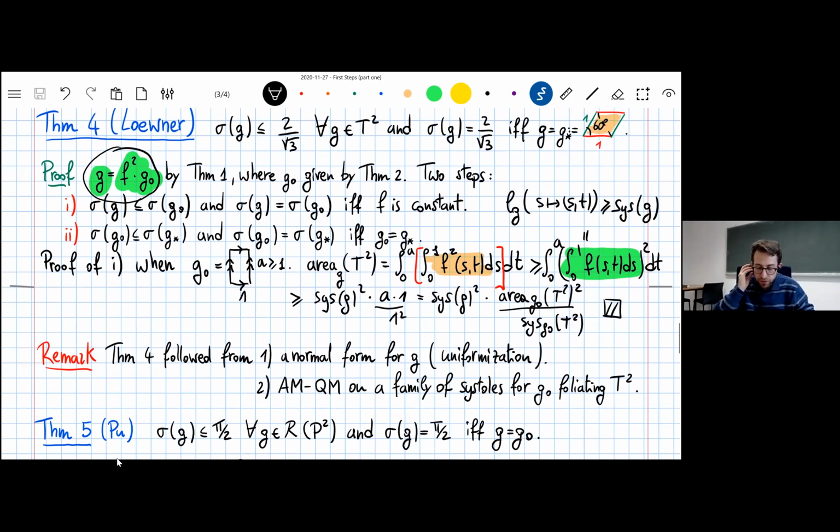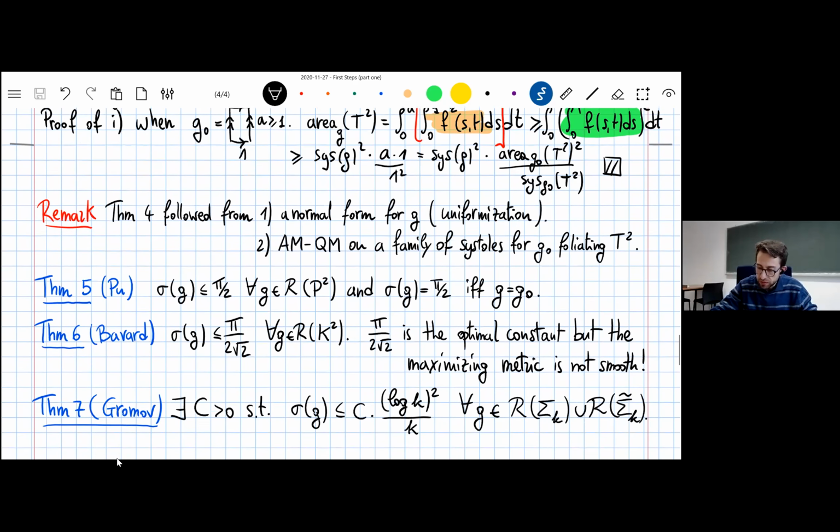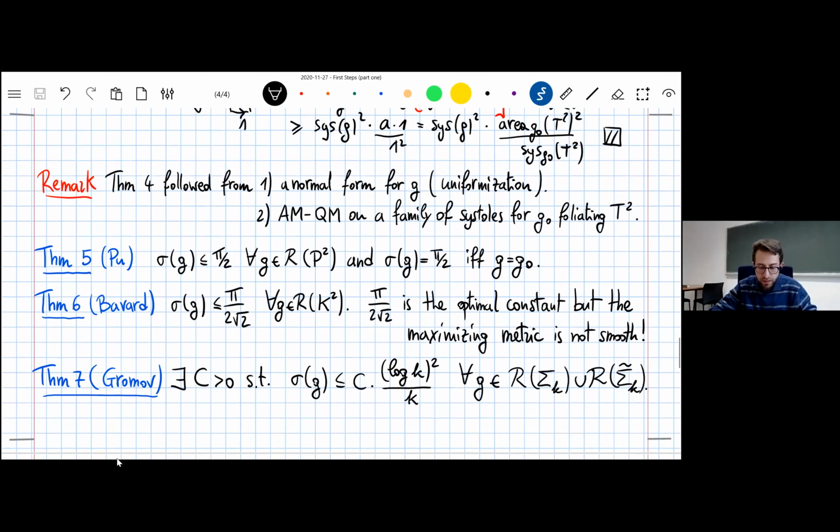So this was the first systolic inequality. Now you can ask what happens for other surfaces. The first surface we encounter is the projective space. The systolic inequality here was proven by Pu, who was a student of Loewner. Here also, the systolic inequality is fully proved.